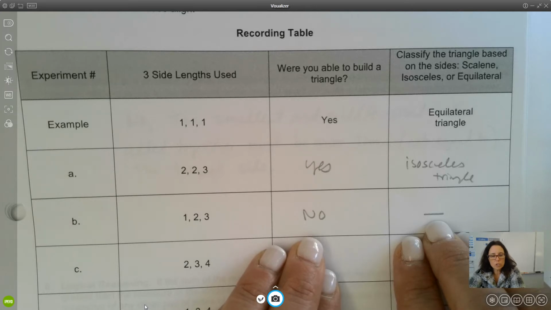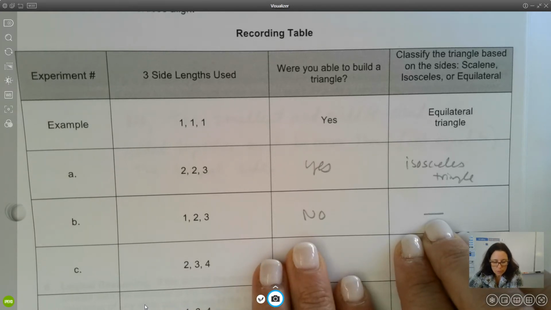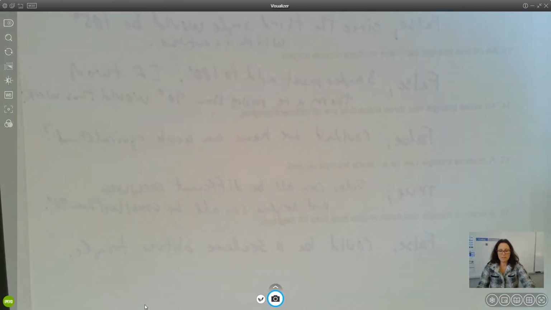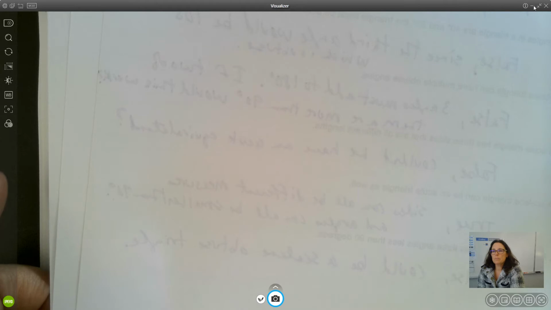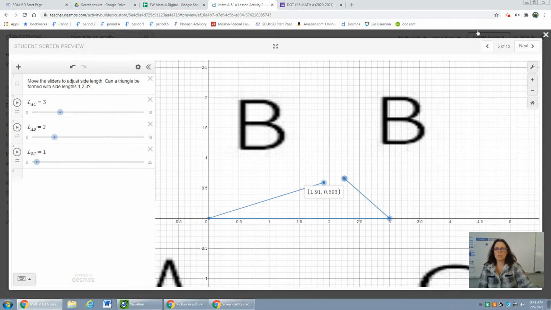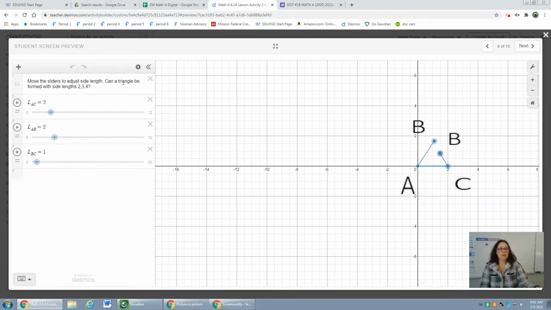All right, we're going to do the rest of them: 2, 3, 4, 1, 3, 4, 4, 5, 7, and 2, 5, 7. Let me get back to my digital version here. 2, 3, 4. Okay, so I've got side lengths 2, 3, and 4.